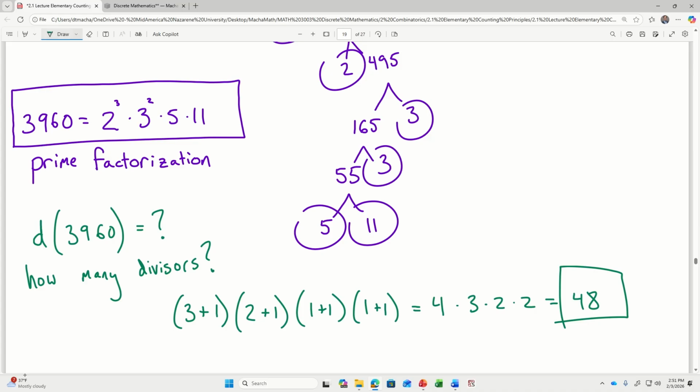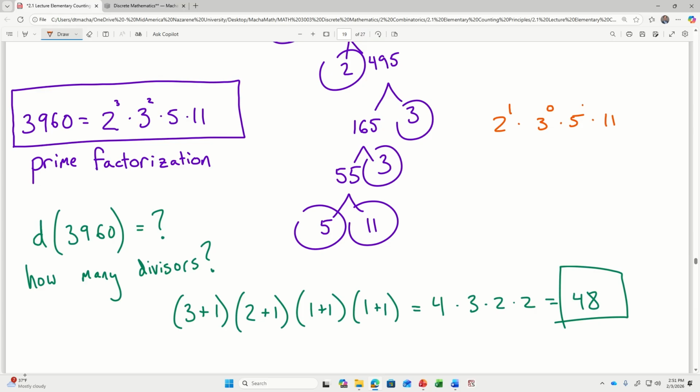And if I want to construct one of these divisors, I just have to choose the same primes, 2, 3, 5, and 11. And for the number on 2, this could be anywhere between 0, 1, 2, or 3. Choose a number. How about 1? And for 3, this could either be 0, 1, or 2. There's 3 possibilities, right? Let's call it 0. And for 5, this could be 0 or 1.